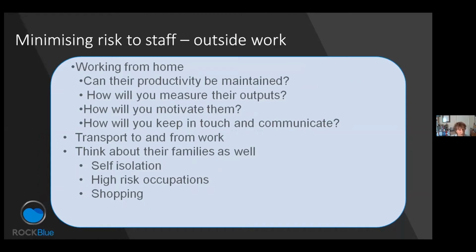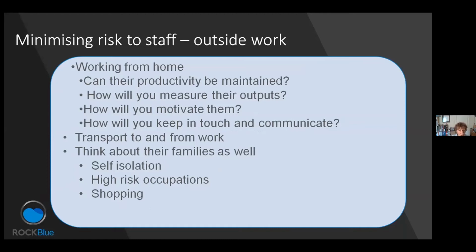Outside of work, you need to think about your staff. If they're working from home, can their productivity be maintained? In the UK, schools have been closed, and a lot of people I know well, colleagues of mine, have said they found it really difficult because they've had to look after the children and try and work as well.